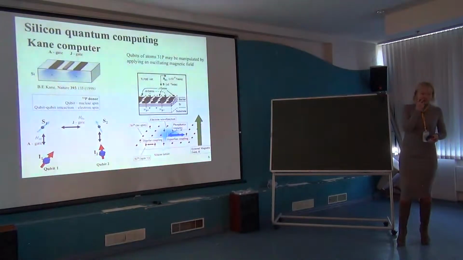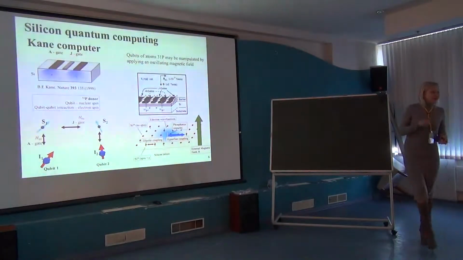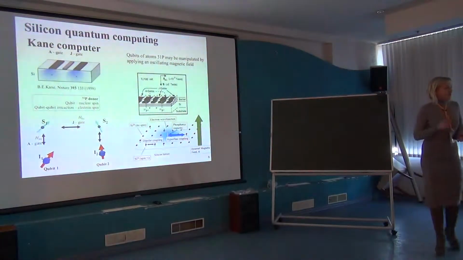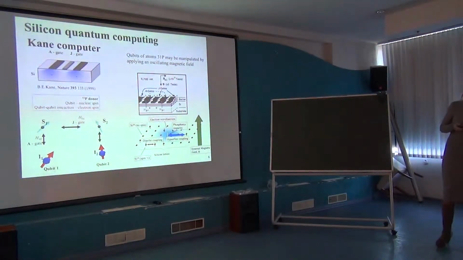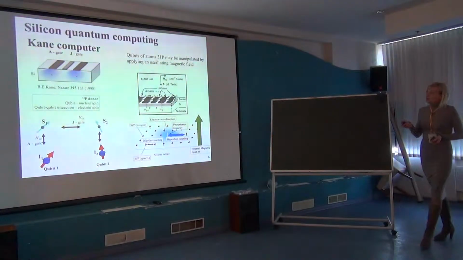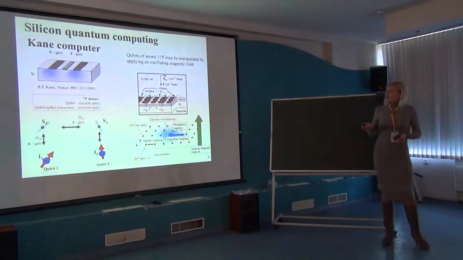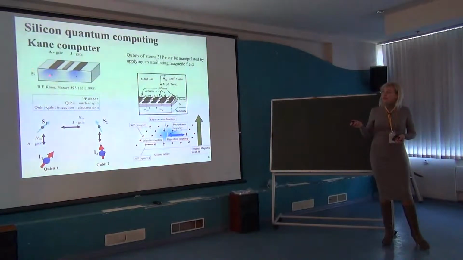Silicon quantum computing was first proposed by Kane in 1998, so a long time ago, but it was a great first idea to use silicon in quantum computing. Kane proposed using an atom of phosphorus as a qubit.